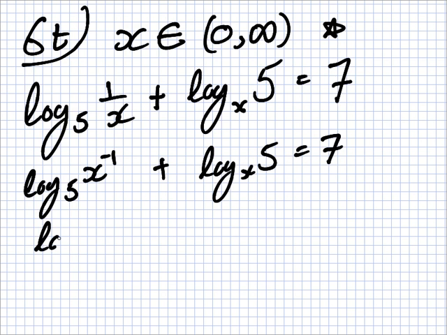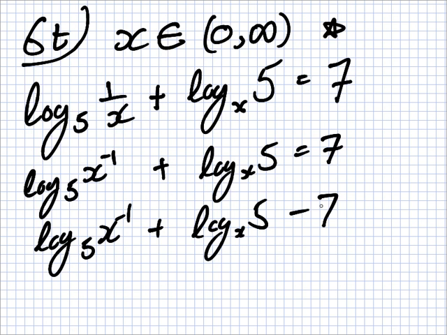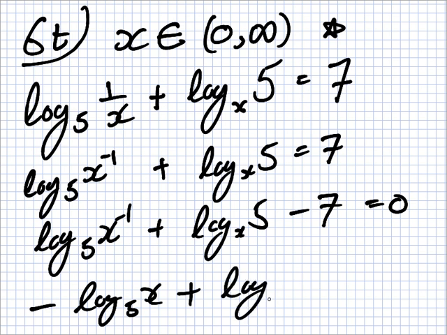Yes, we can do that. What is next? Anybody? Do you want to take the -1 to the back? Yeah, I'll take that -1 out. So I can write it as minus log base 5 of x plus log base x of 5 minus 7 equals 0.